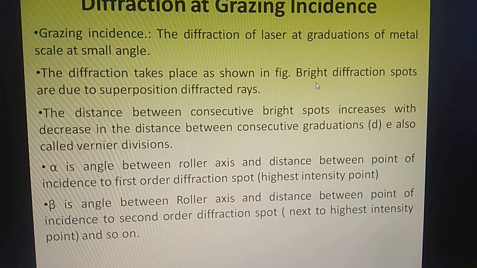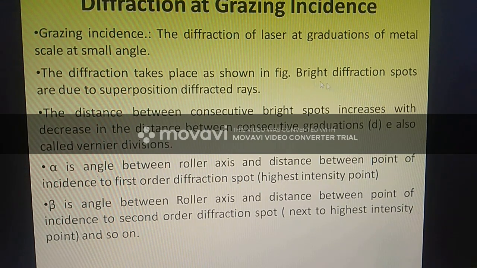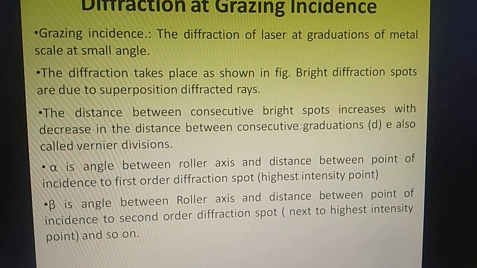Bright diffraction spots are due to the constructive superposition of diffracted rays. The distance between consecutive bright spots increases with the decrease in the distance between consecutive graduations.